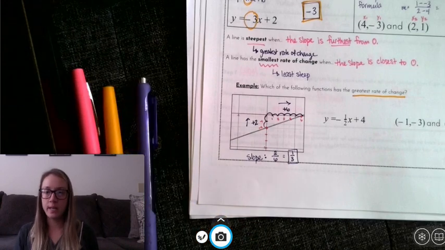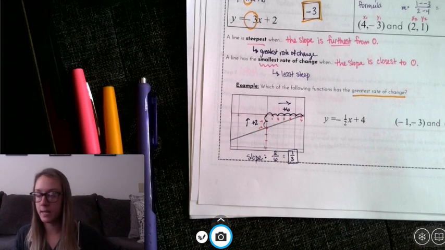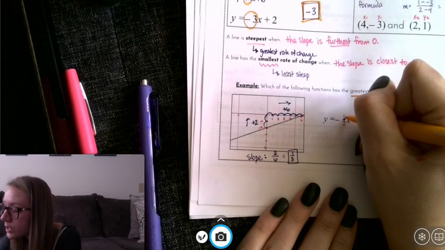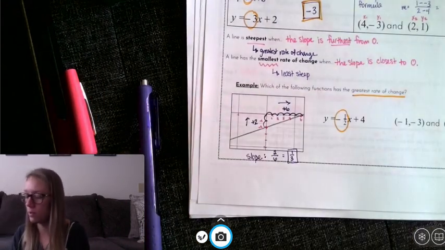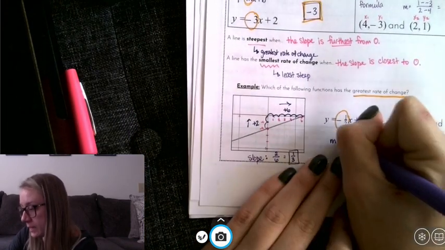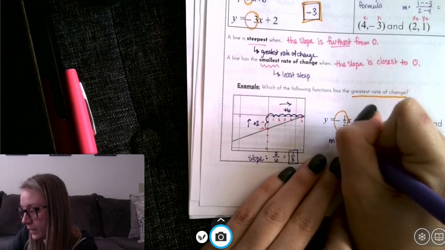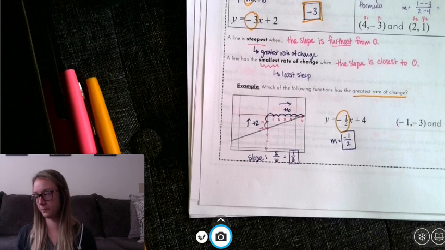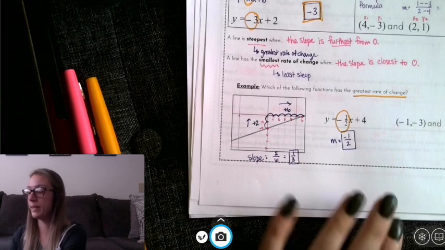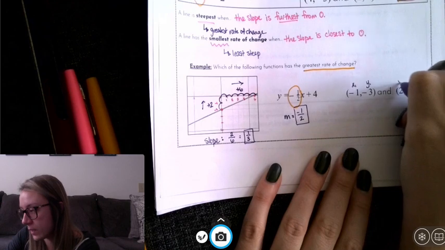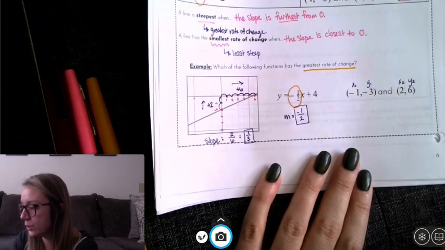My second one is an equation. And when we have an equation, we said we want to look for the number in front of x, which is this -1/2. And so I don't have to do any work for that. My slope is -1/2. And then the last one, we have a pair of points, so we want to use our slope formula. So I'm going to label these first, x1, y1, and x2, y2.